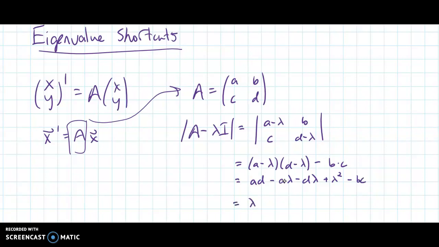What's that give me? Well, lambda squared is always going to have a coefficient of 1. And then if I write minus blank lambda, what do I have in there? I get a plus d. Notice that is the diagonal sum, the trace of the matrix. And then I get plus ad minus bc.